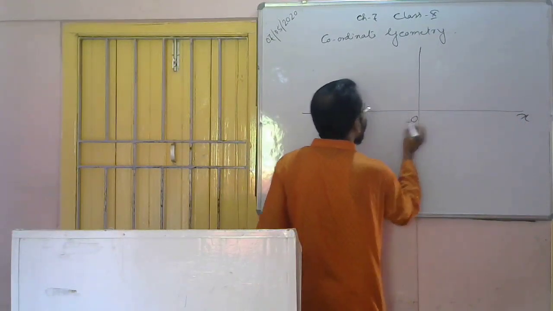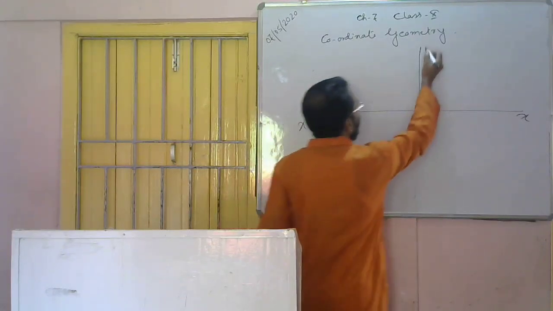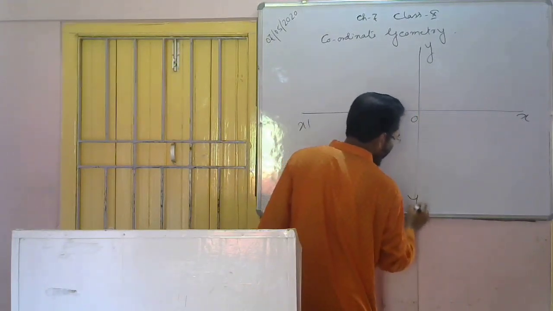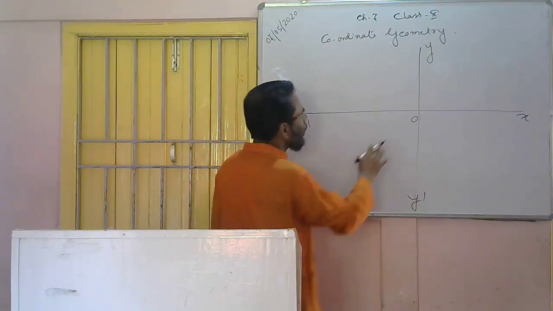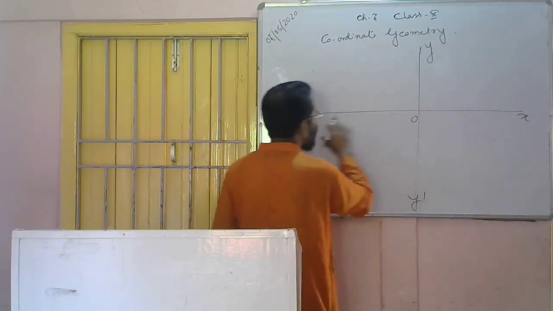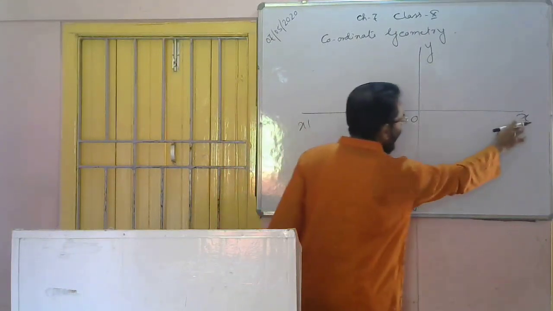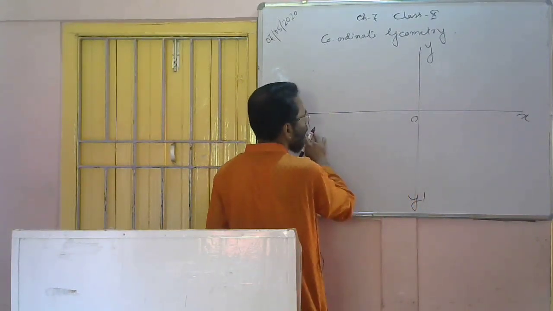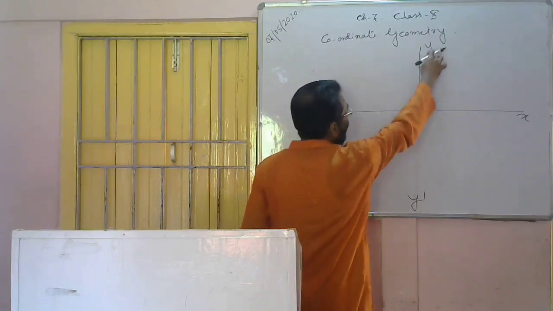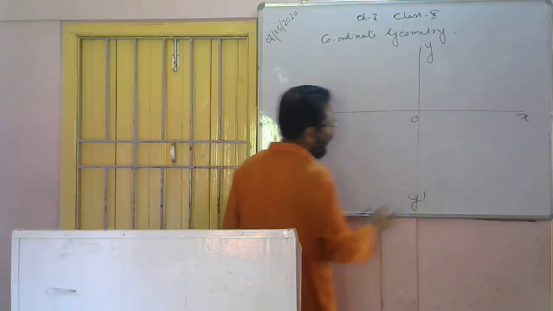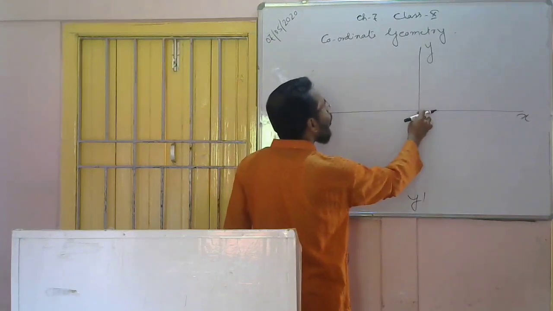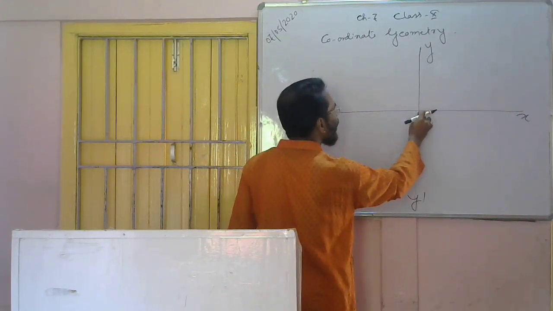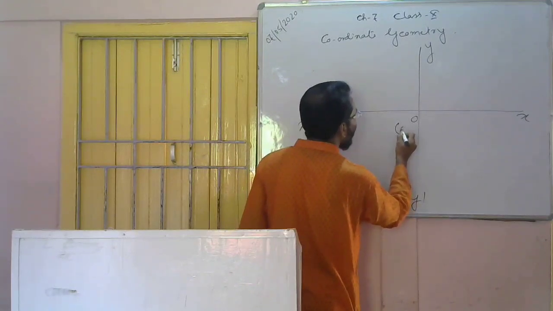perpendicularly in a plane, then this horizontal line we denote as X O X dash, and this vertical line we denote as Y O Y dash, and the point where the two lines cut perpendicularly we denote as O (0, 0).